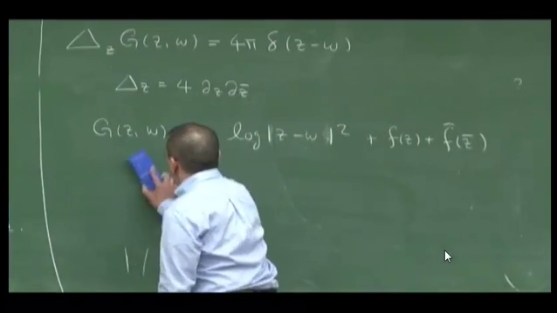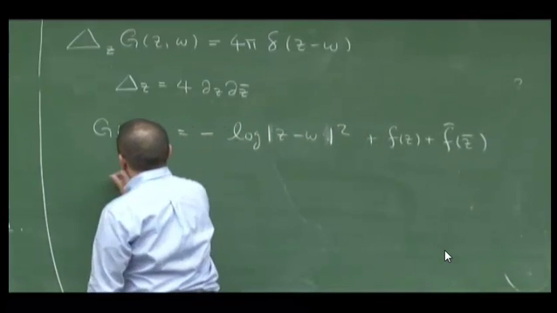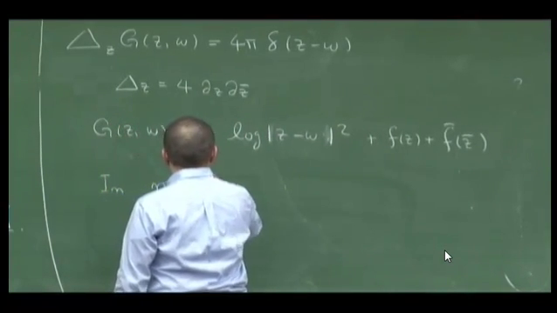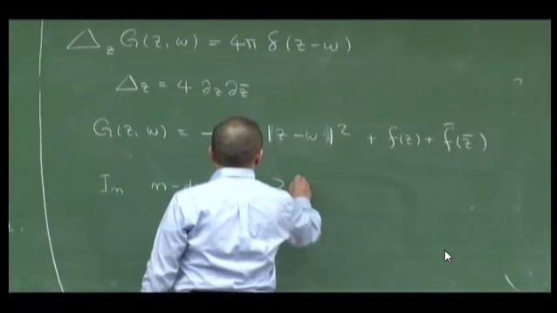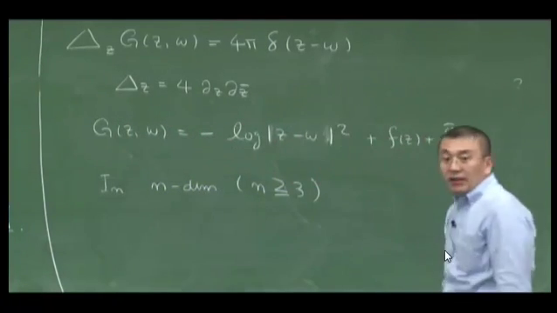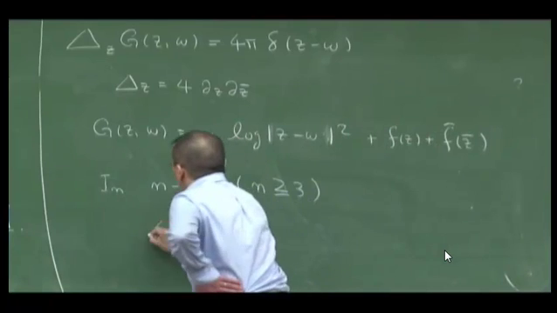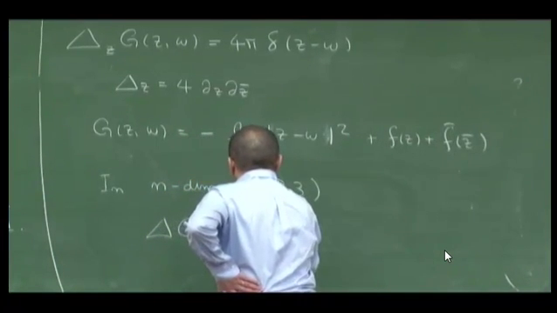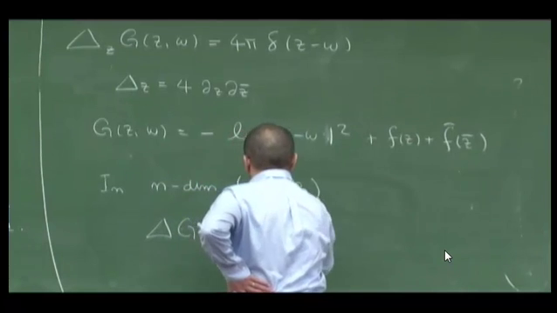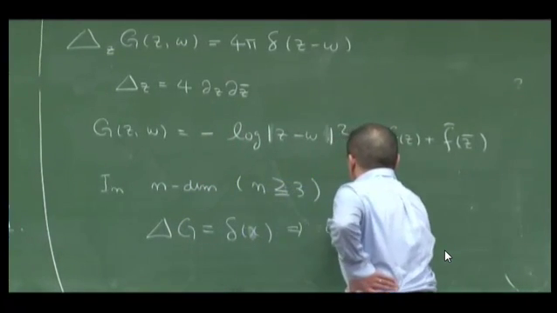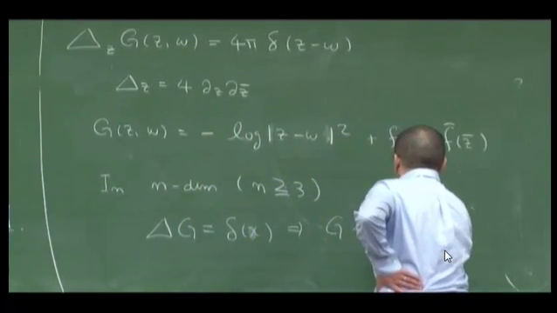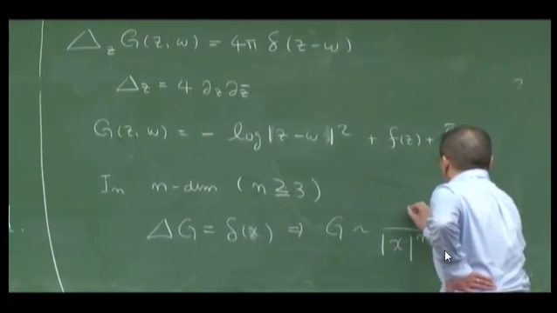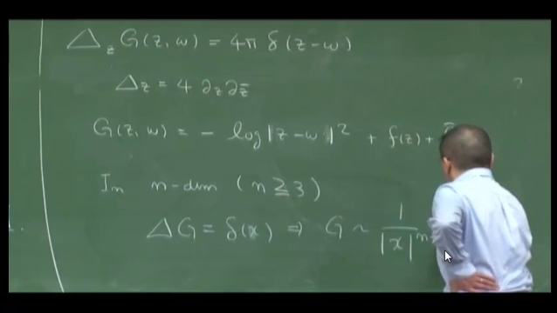We know, for example, in general, in dimension n greater than or equal to 3, if I solve the Laplace equation with a source at the origin, then the solution to this Laplace equation would be of this form.